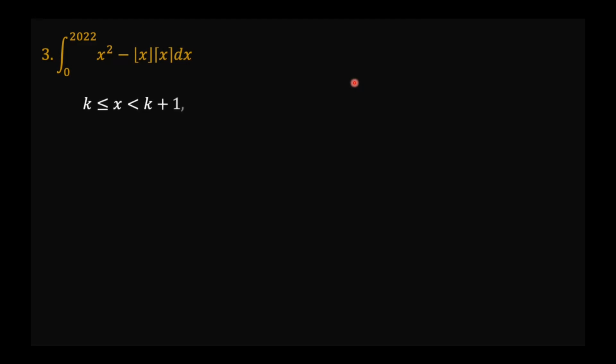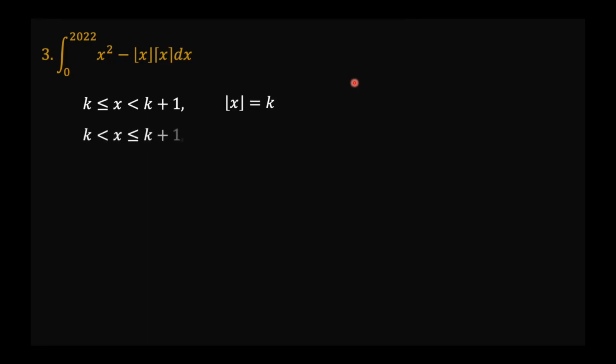A floor function tells us that when x is greater than or equal to k, but less than k plus 1, in other words, when x is in between two successive integers, k and k plus 1, the floor function of x within that interval is the lower value, which is k.